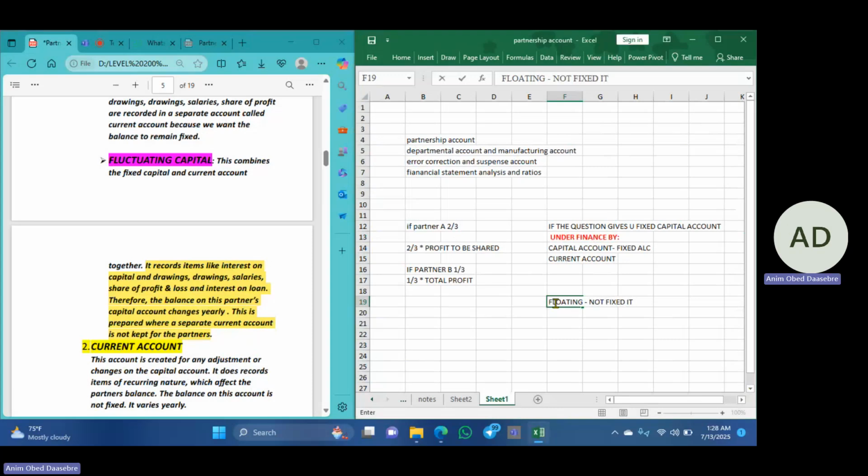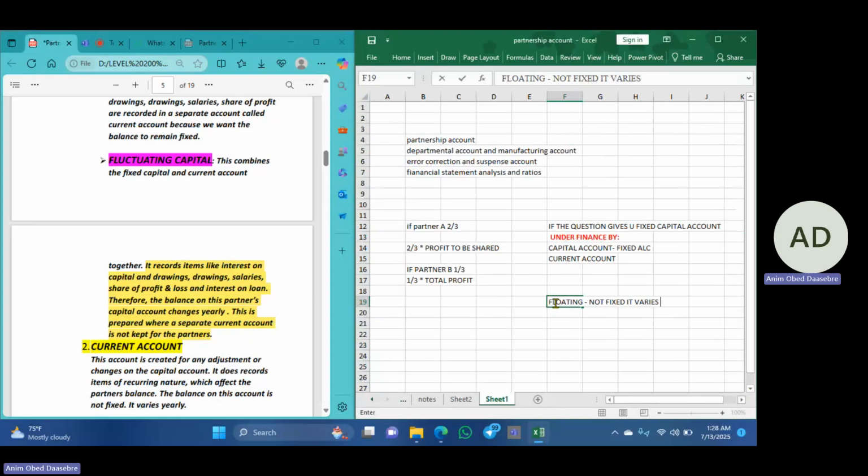It varies from year to year. Every year there will be different capital balance for the partners.